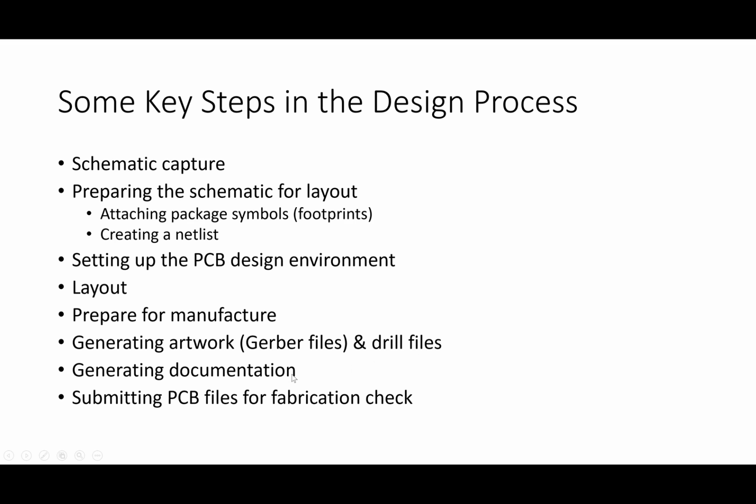We then generate some basic documentation, things like a bill of materials for our components, so that we know what components go on there and what components we need to purchase in order to complete the actual build of the board. And then we submit our files for a fabrication check. For that, we send them to the manufacturer to see if there's any issues that might prevent the board from working.